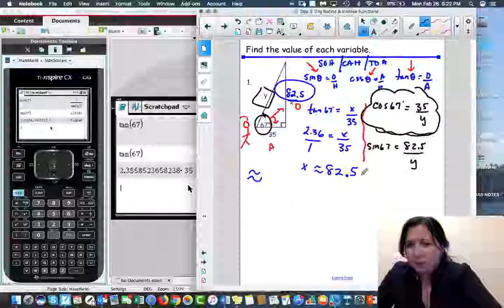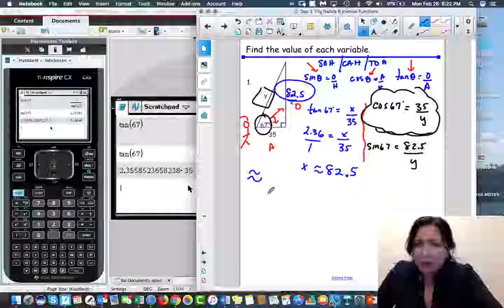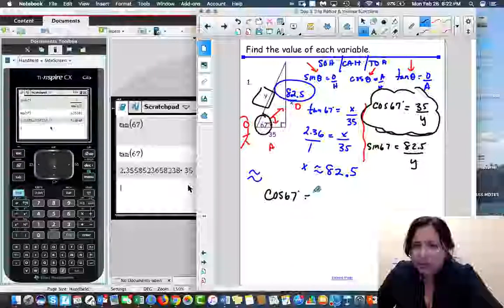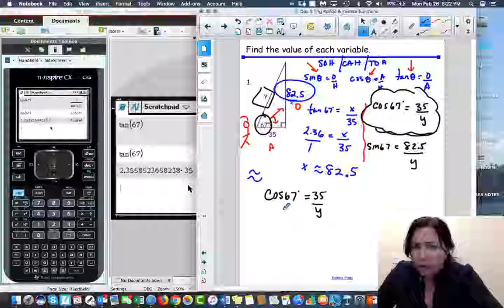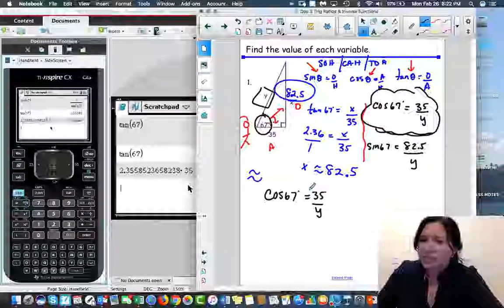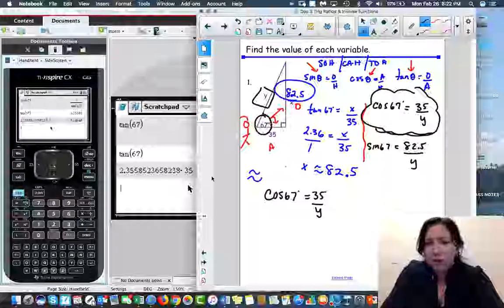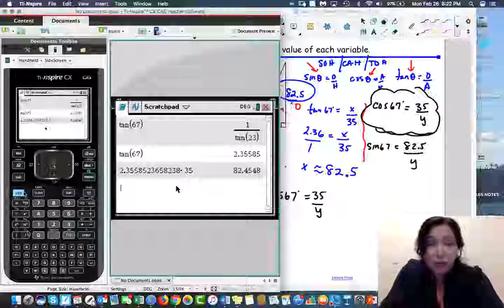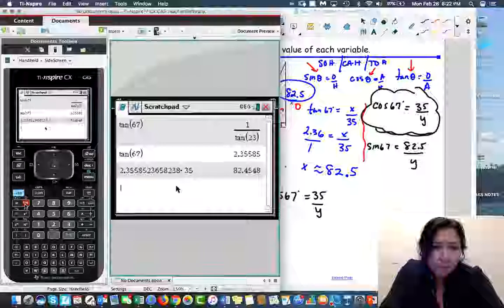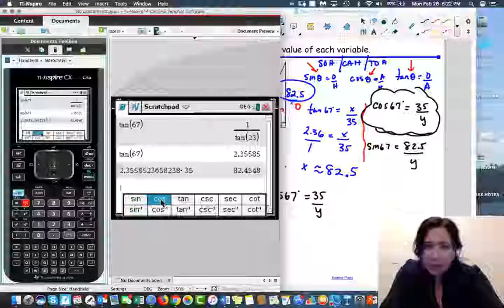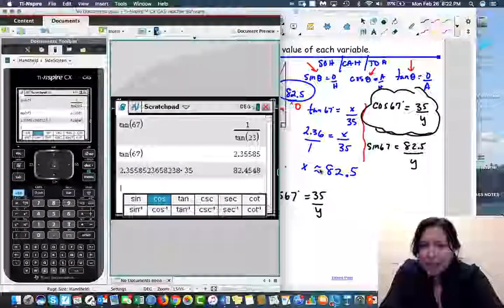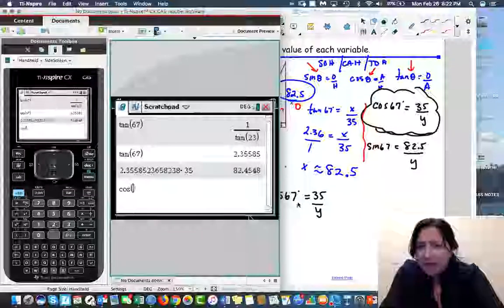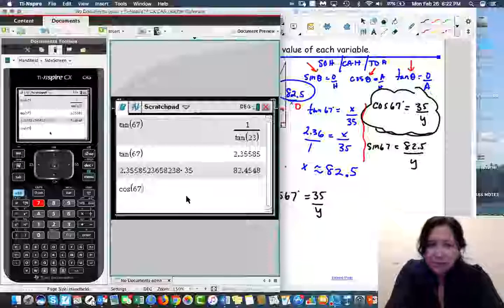Okay, so cross multiplying, I'm going to come down here to the bottom. Cosine of 67 degrees equals 35 divided by y. I need to know what cosine of 67 is. So I'm going to go over to my calculator and find cosine by the trig function here, and press cosine of 67 degrees.